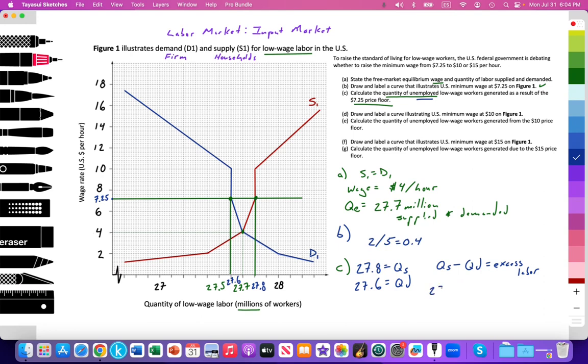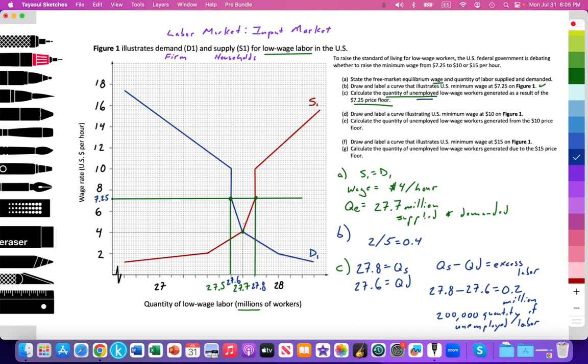So here we have 27.8 million minus 27.6 million. That's going to equal 0.2 million, or I can say 200,000. So 200,000 is the quantity of unemployed labor that's created in theory by imposing this price floor.